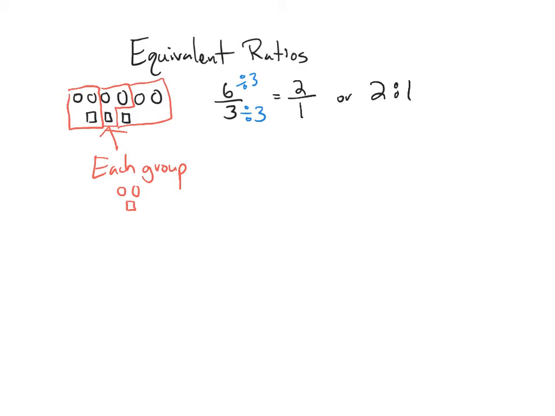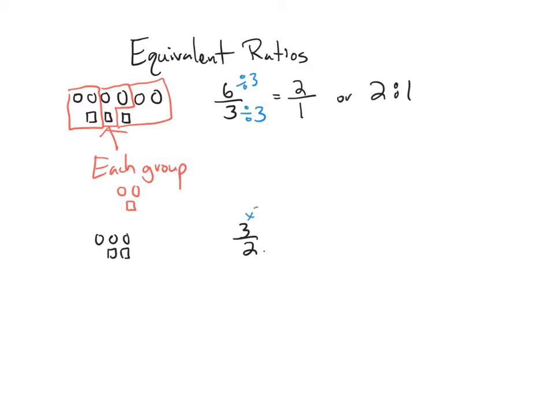And it works the other way as well. So if I have a ratio of 3 to 2, well, if I wanted to, I could multiply top and bottom. Let me use a different color here, actually, just to make it a little neater. Let's use blue.